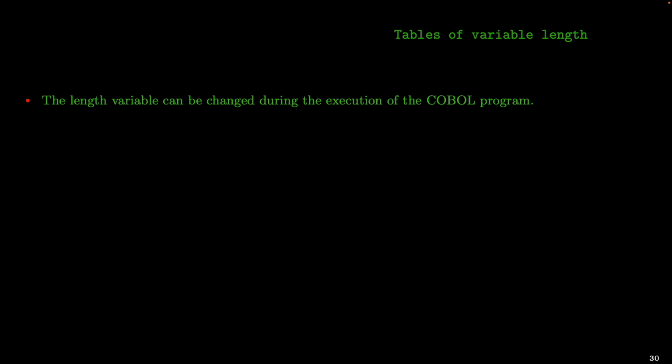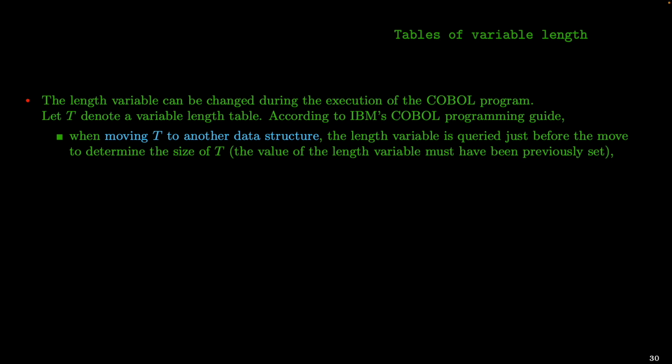One thing we've just seen in the previous example is that we can change the length variable that determines the size of a table during the execution of the COBOL program. Now there are a few things to consider when doing that. If by t we just denote any table of variable length, then according to IBM's COBOL programming guide, when we move t to another data structure, the length variable is queried just before the move to determine which size t has.